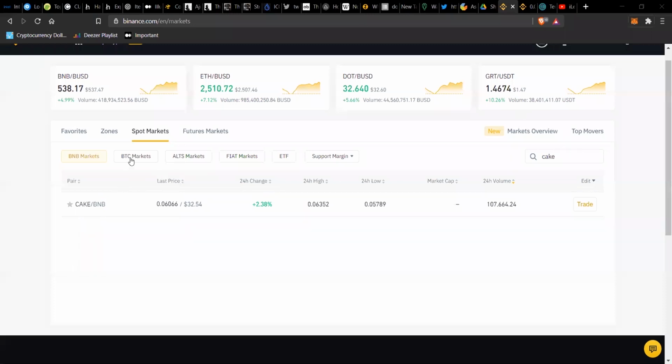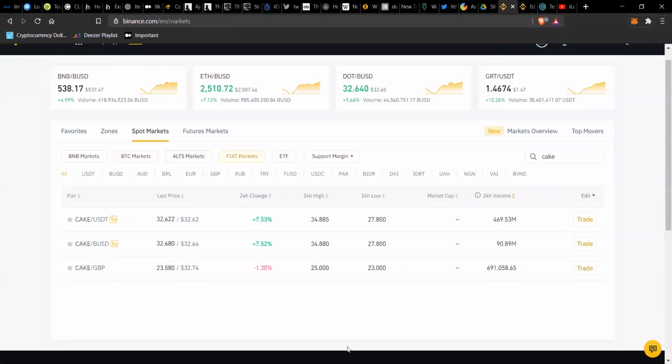So it's only significant if I was trading it against BNB. Now, if I was trading it against BTC, what this means is that if I was holding Bitcoin and I sold my Bitcoin and used the money to buy cake, I have increased my portfolio balance or my portfolio worth by 0.78%. That's about 1% increase. So that is what this means. And then, if what I was holding was USDT, that is a more significant increase.